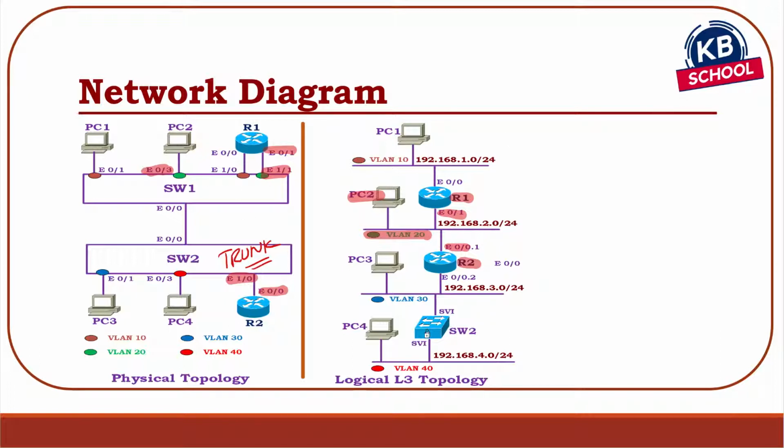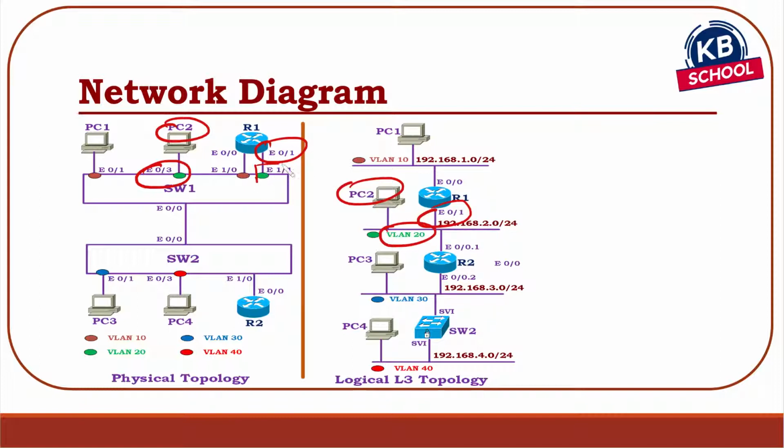I have 2 devices on switch 1 that are part of it. Again, look at the device, PC2. PC2 is connected to switch 1 port 3. And the other device on this VLAN, VLAN 20, is R1 E01, which corresponds to 1/1. These 2 ports should be in VLAN 20. And the third one is a trunk, which is this guy over here. So one step at a time again.